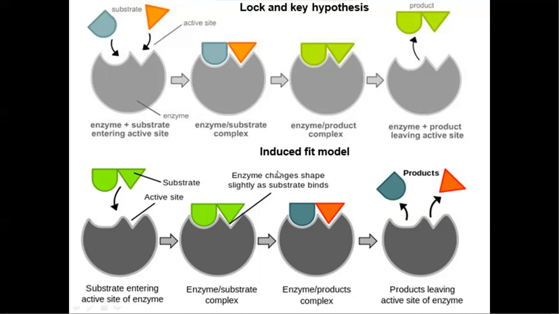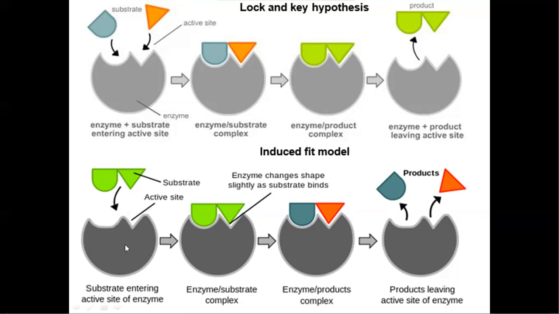The second model is called the induced fit model, which is the successful model. Here the important point is that the active site of the enzyme is flexible. So when the substrate attaches to the active site of the enzyme, the substrate induces a conformational change in the enzyme.